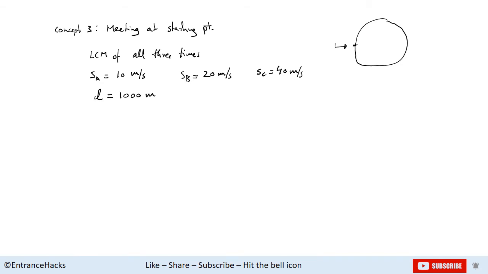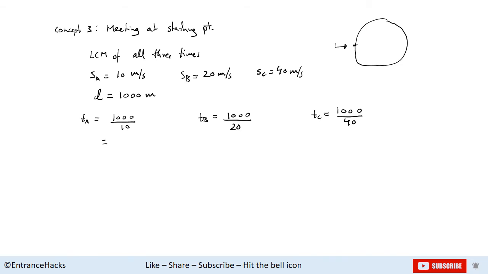So the time taken for A is 1000 upon 10, right? The time taken by B is 1000 upon 20, right? Distance upon speed. And the time taken by C is 1000 upon 40, right?